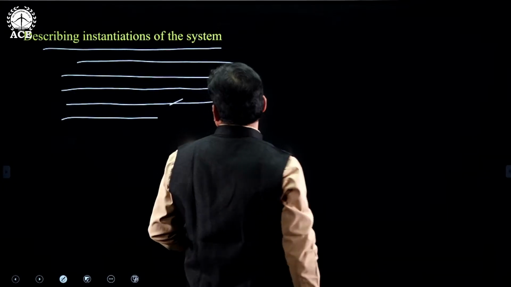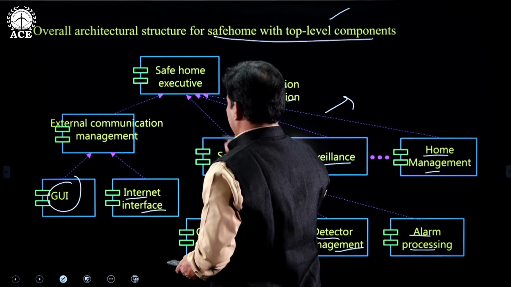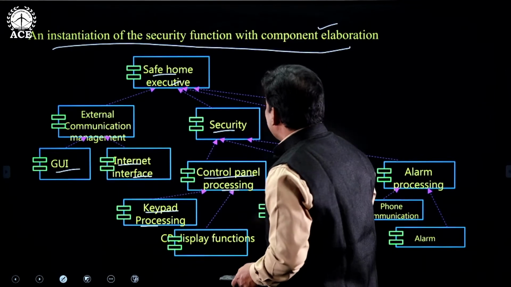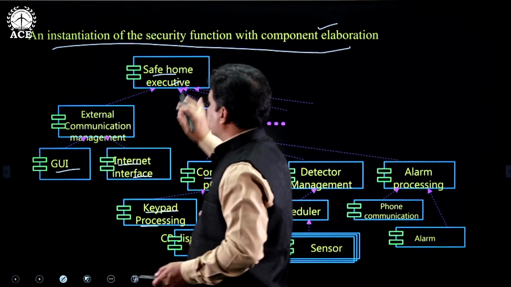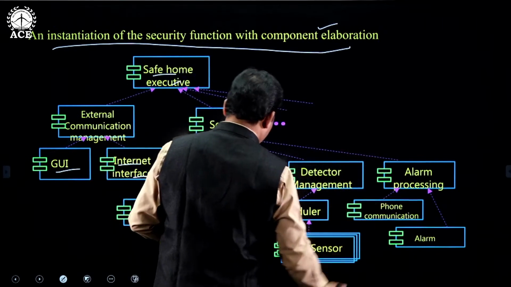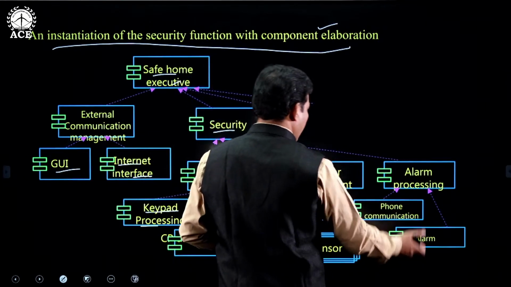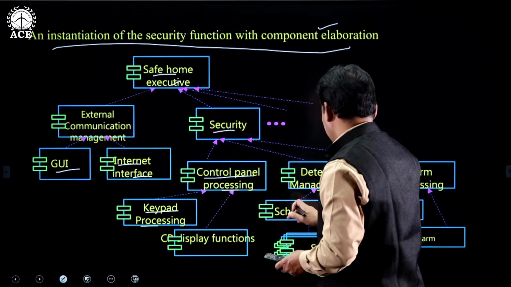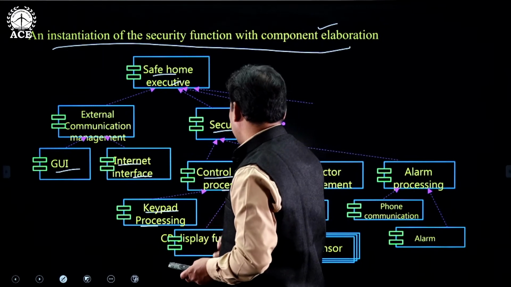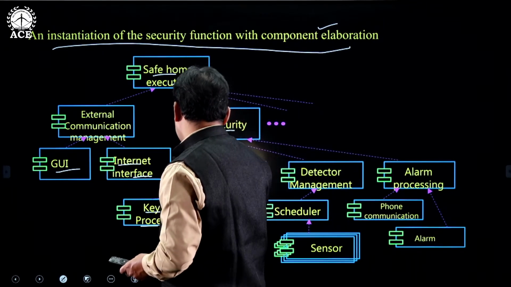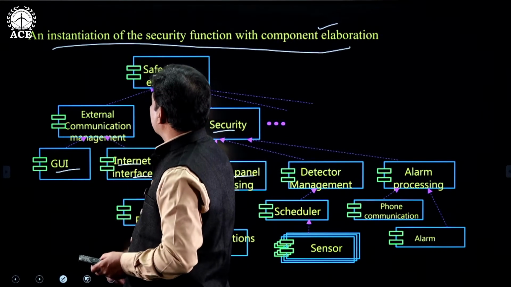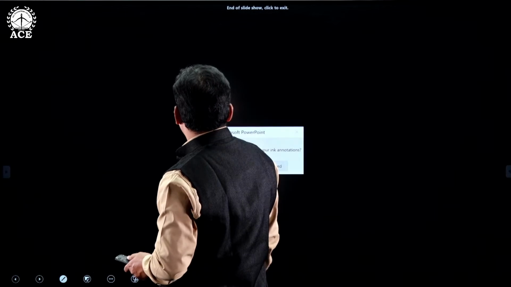Previously there was no proper elaboration, whereas here more elaborated means more detail is given. Safe home executive is more elaborated, and here also. The hierarchy was followed properly. Alarm, phone communication, detector management, scheduler, sensor, and security, control panel processing, keypad processing, CD display processing, and here is GUI, internet interface, external communication management, safe home executive.